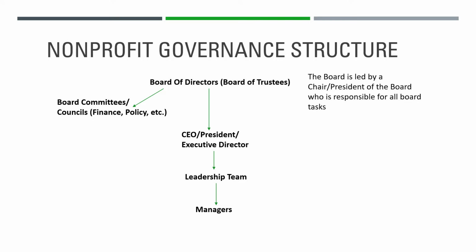Then under the leadership team are usually managers that oversee each section of the operations of the organization. So if you're providing service, you usually have someone that oversees that provision of services, whether to the community or to individual groups. You have someone managing that. They're usually considered program managers. You also want someone that handles your finances.